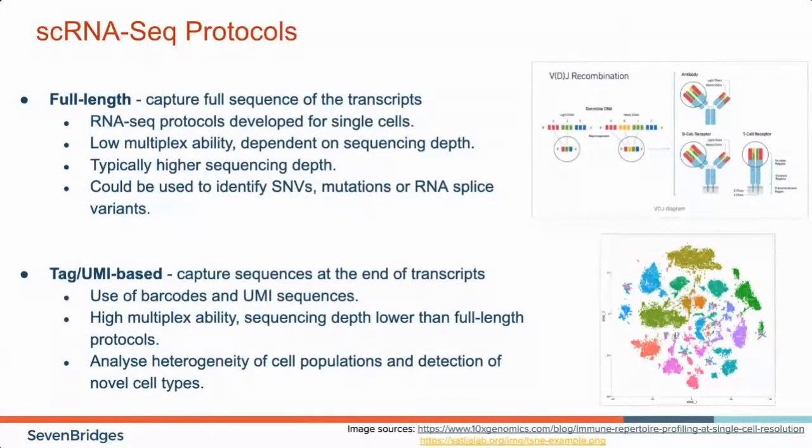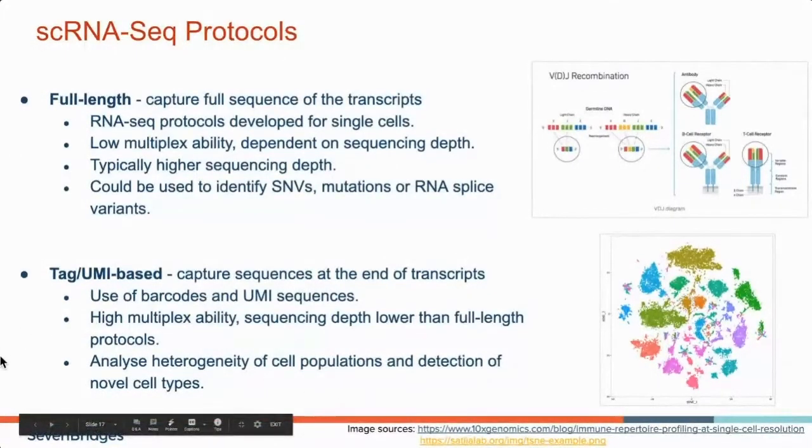On the other hand, protocols that sequence just the ends of transcripts have introduced barcode and UMI labeling to one end of the transcript. Cell barcodes enable labeling of each cell and expand multiplexing ability to more than 1,000 cells per sequencing run. The use of UMI sequences will be explained later.